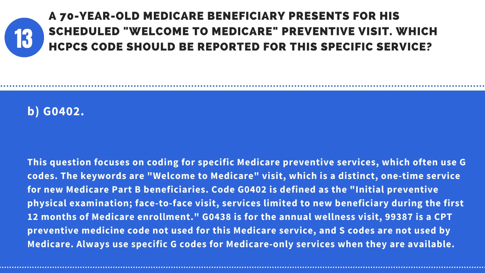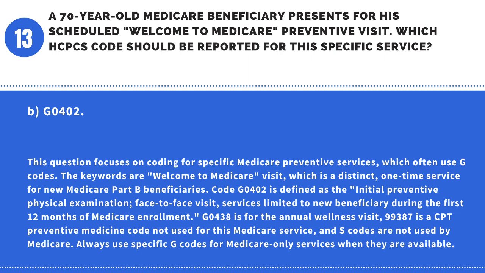Answer: B. G0402. This question focuses on coding for specific Medicare preventive services, which often use G codes. The keywords are Welcome to Medicare Visit, which is a distinct, one-time service for new Medicare Part B beneficiaries. Code G0402 is defined as the initial preventive physical examination, face-to-face visit, services limited to new beneficiary during the first 12 months of Medicare enrollment.